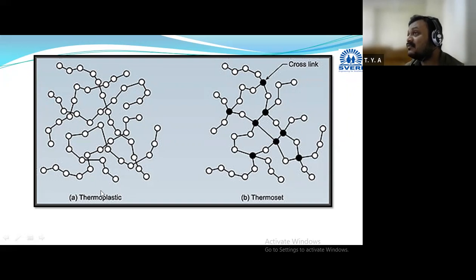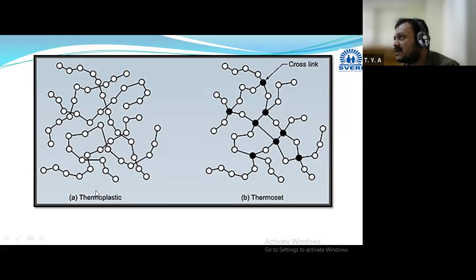Now, whichever bond is there between the molecules in thermoplastic material, this bond is weak. It is very weak if you compare it with the thermosetting materials. The bond between the molecules in thermosetting material is stronger. Are you getting this?